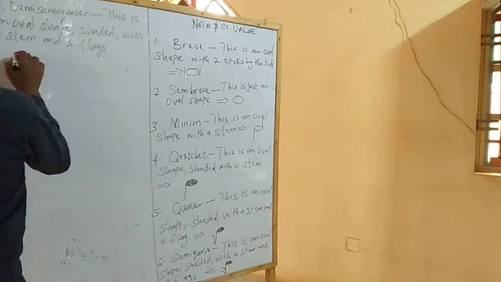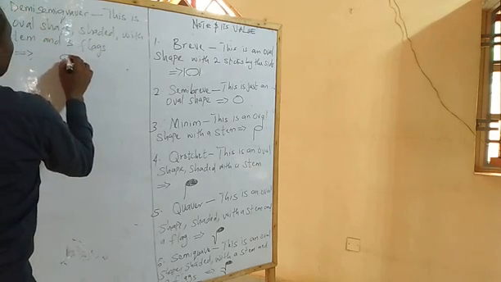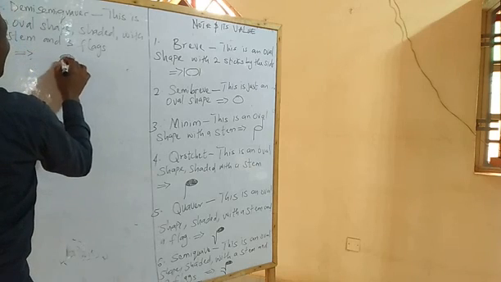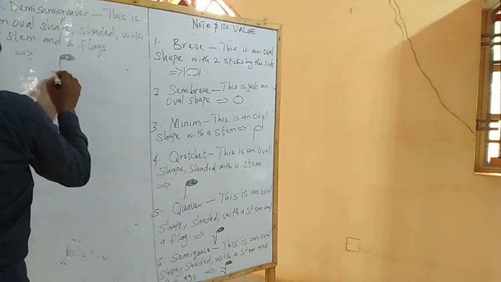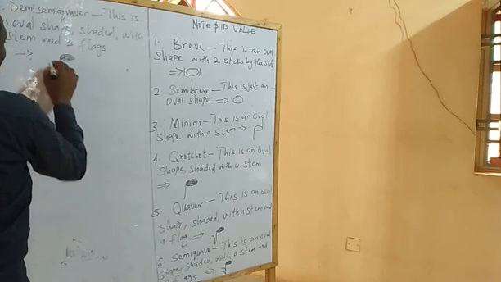And this is how it is: an oval shape shaded with a stem and three flags.